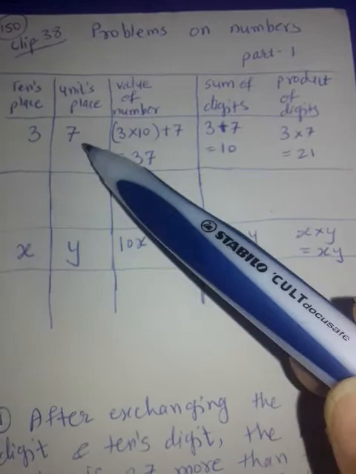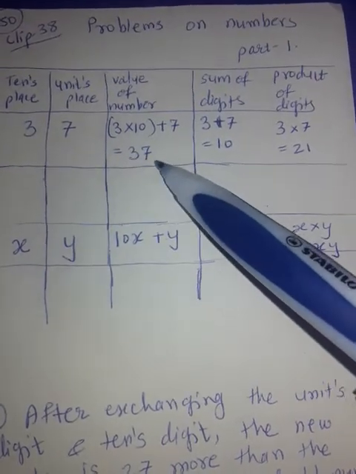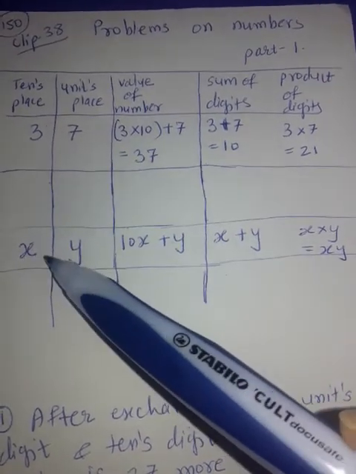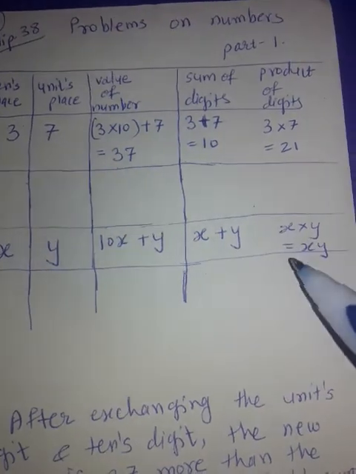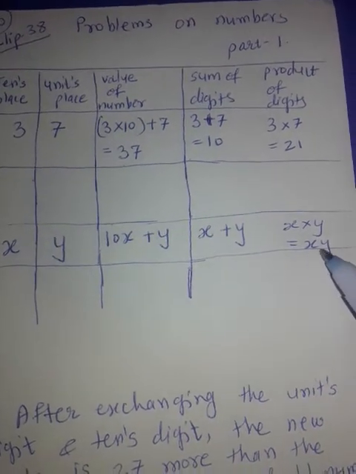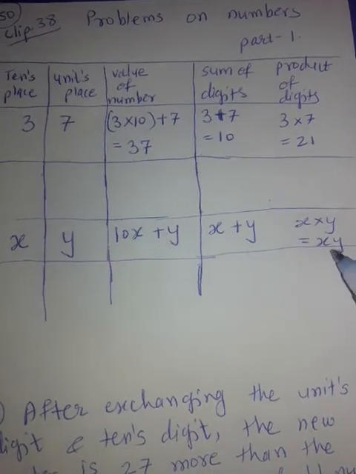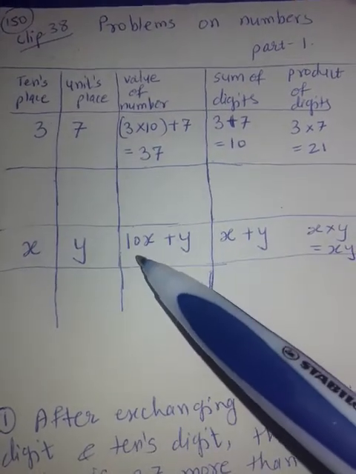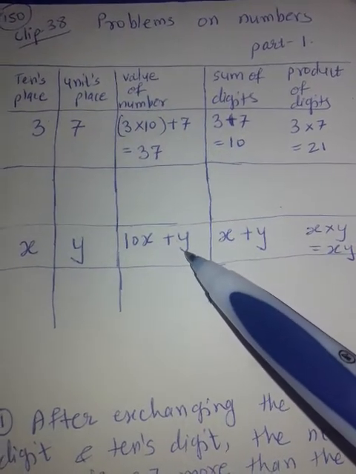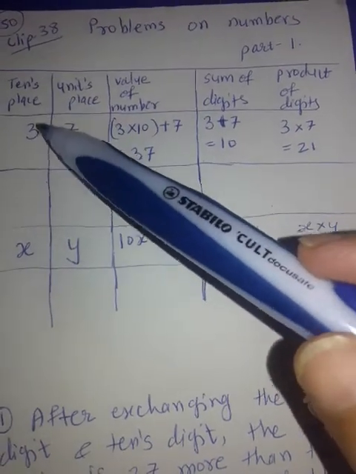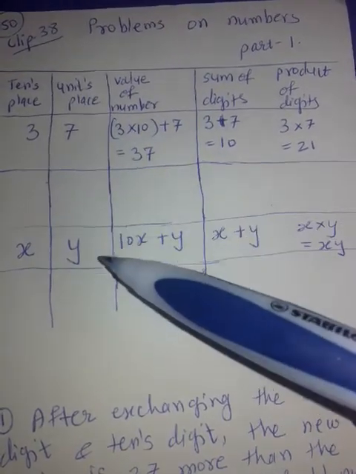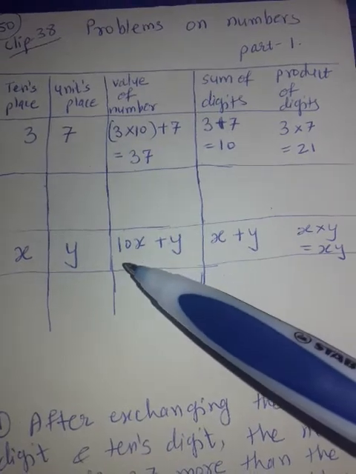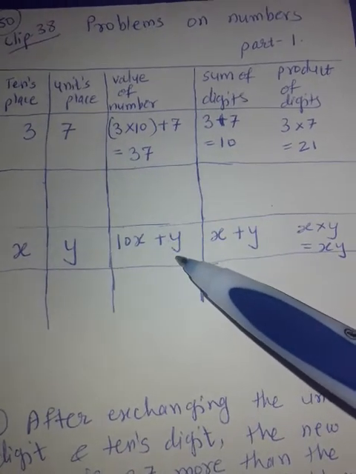When I say 37, I can write it as 37, but when I say x and y, I cannot write it as xy because xy is a product. I have to write this number as 10x plus y. Very clear? When tens place is x and units place is y, the number is 10x plus y.